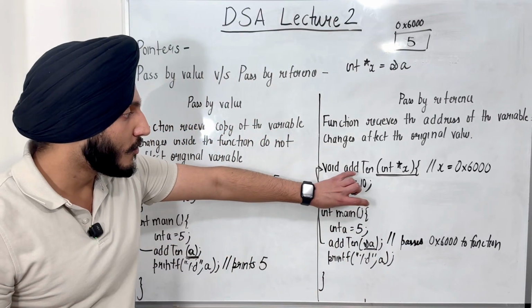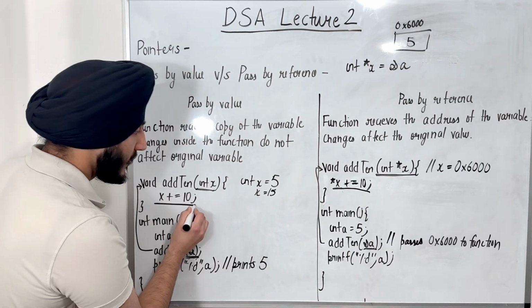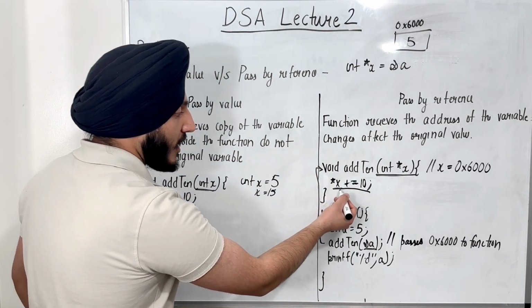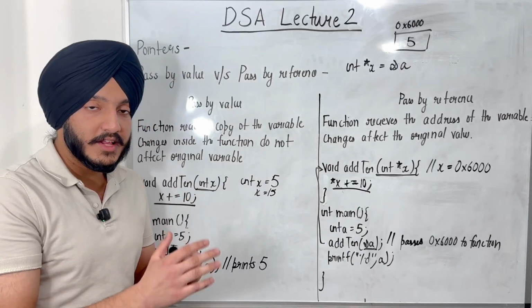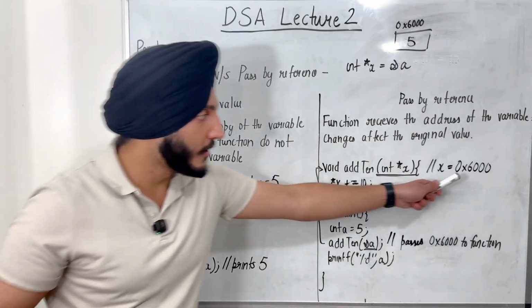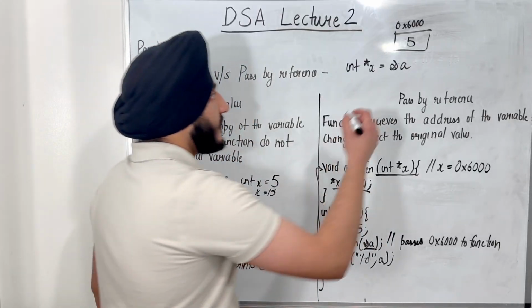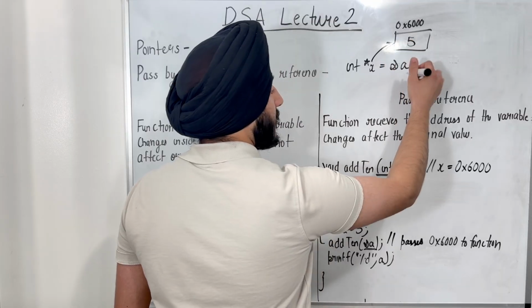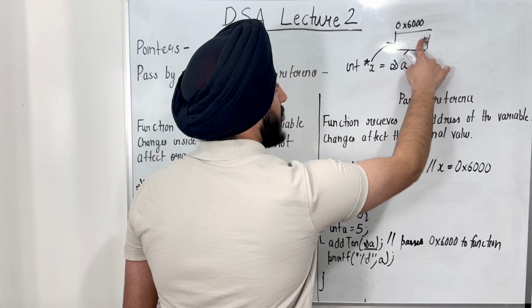And now if you look at this code snippet, this is another difference between both of these code snippets. In this case, I do *x += 10. I hope that makes sense, which basically means get me the value which is stored at this particular address and then add 10 to it. So x is going to go to this address, add 10 to this value, and change it.